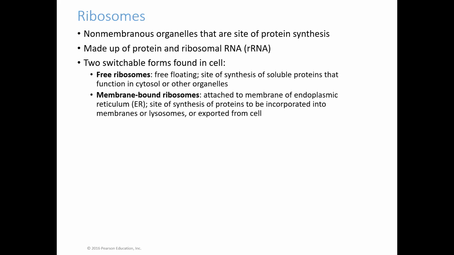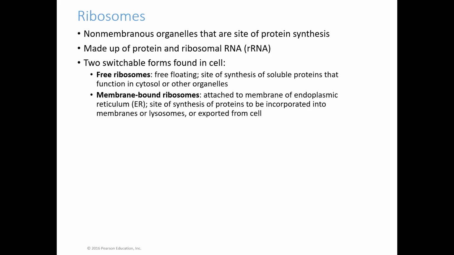Now, ribosomes are made up of ribosomal RNA, that nucleic acid RNA. RNA comes in 3 types: ribosomal, messenger, and transfer. And the ribosomals make up the ribosomes along with some protein. We find most of our ribosomes attached to a series of tubes that surround the nucleus called the endoplasmic reticulum.